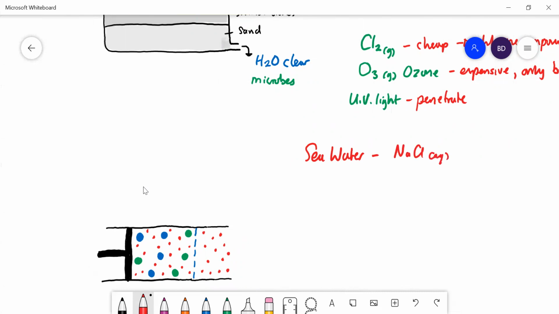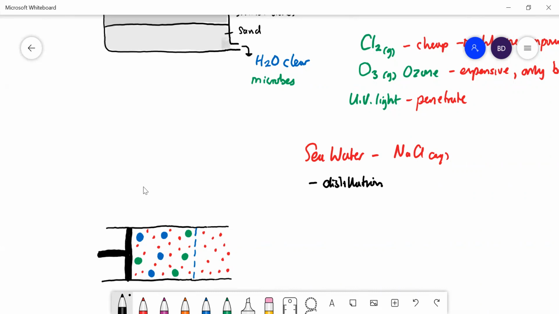Okay, so the original way of getting rid of the sodium chloride was by distillation. Now, I'm not going to talk about distillation in detail because that's something we've done lots of times before, but basically the water's boiled, the steam coming off it is cooled down. The sodium chloride, of course, stays in the water. That's not volatile.